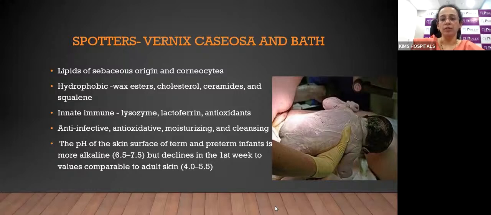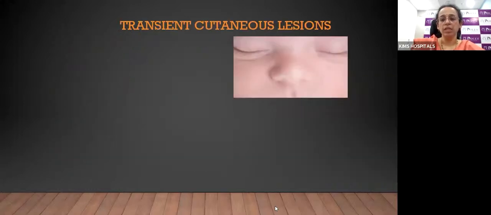So let us move on. We will see some of the transient cutaneous lesions. So what is this one? We can see a few white to yellow colored papules on the nose of the baby. This is a very common finding which we see in term newborns.